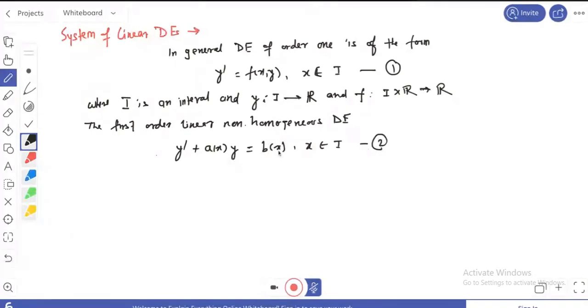This is non-homogeneous due to this bx part. If bx equals 0, this is homogeneous.